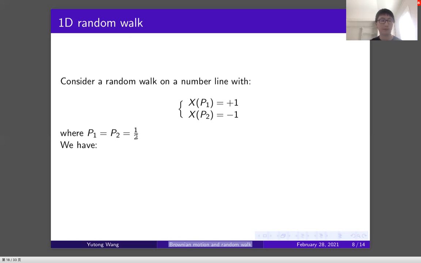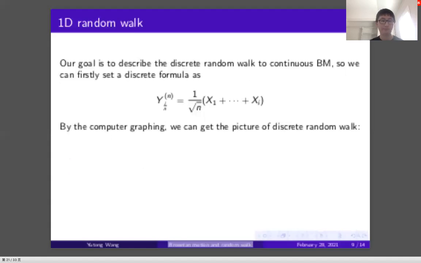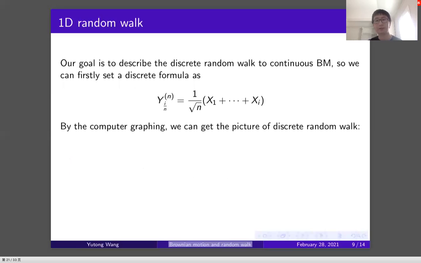So the expected value of X is equal to 0, and the variance of X, using the formula, is equal to 1. Our goal is to describe the discrete random walk as a continuous Brownian motion.